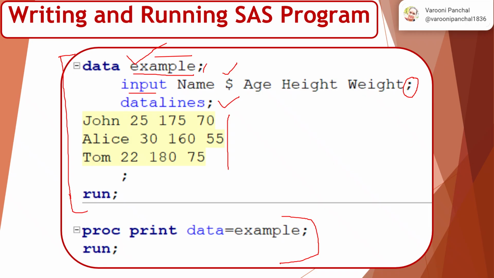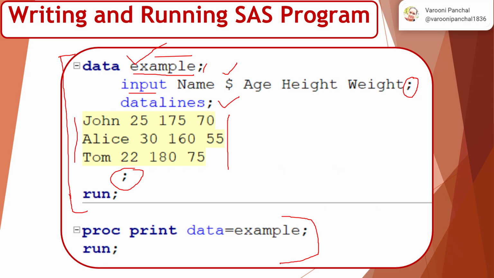Now once I'm done with this, you see I have to close this with a semicolon. If you don't put this semicolon, it will not understand that the entry of the records in this specific data has stopped. So you have to inform the SAS software that these are the only three pieces of code that need to go into the data set, right?